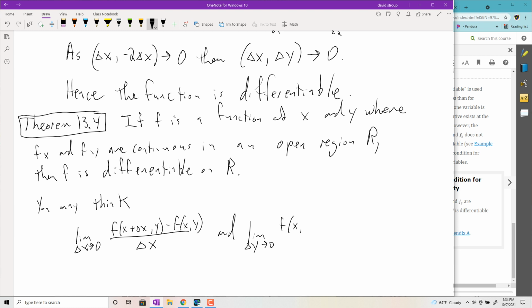Just because the thing has partial derivatives doesn't mean it's differentiable. Okay. So anyways, f of x comma y plus change in y minus f of x comma y all over change in y.